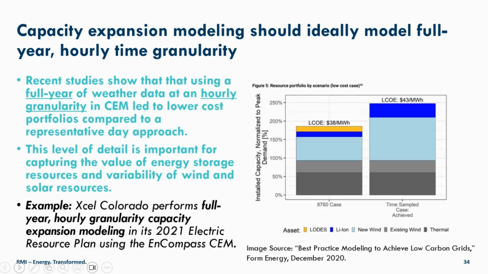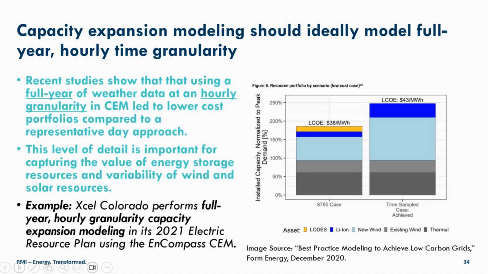This figure is taken from a long duration energy storage provider where they ran a capacity expansion model using a representative day approach and one where the model could see all of the hours of the year. The representative day approach didn't choose any long duration storage because it couldn't capture the value it provides by considering several days and the relationship between days.